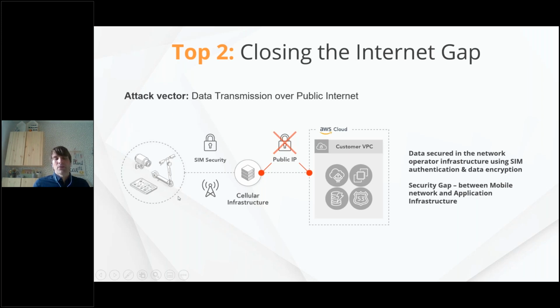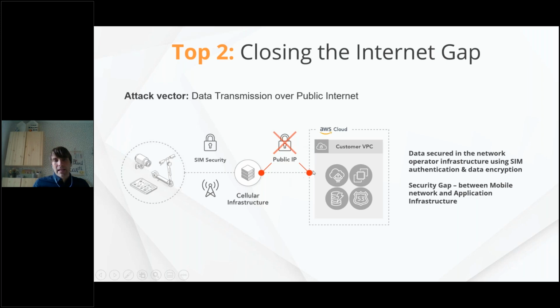Your device connects to the antenna next to you, and then the processing takes place at the cellular connectivity provider. Depending on the address where your application resides, it then breaks out to the public internet, and from the cellular connectivity infrastructure to your cloud application, it is using the public internet.